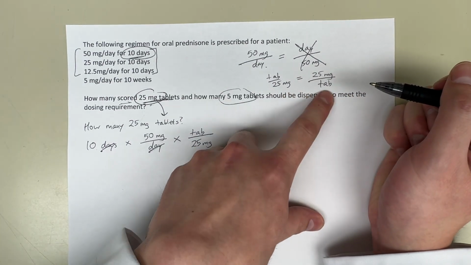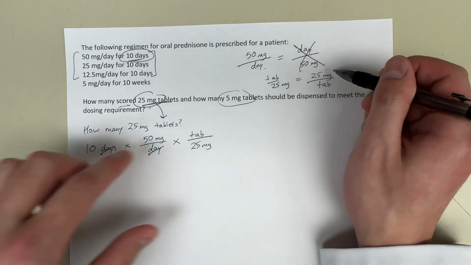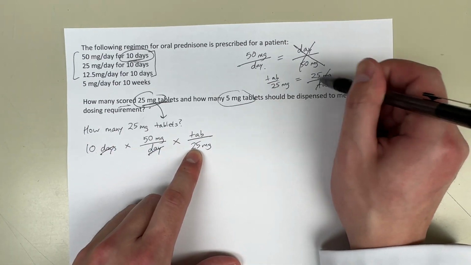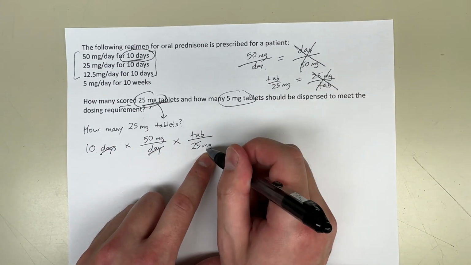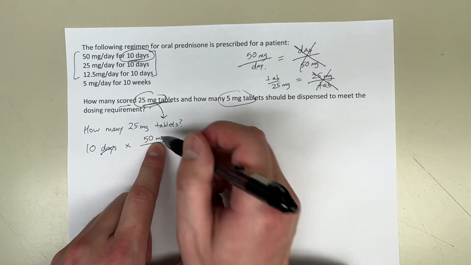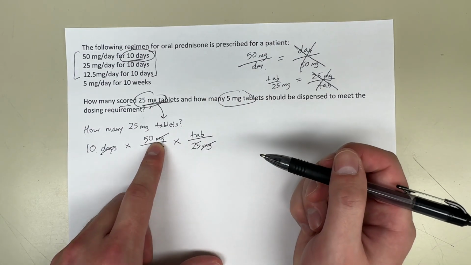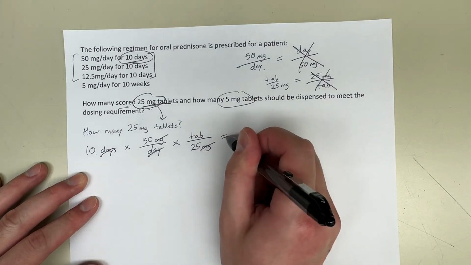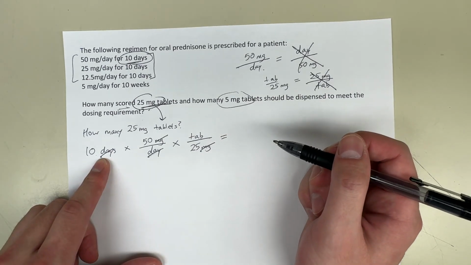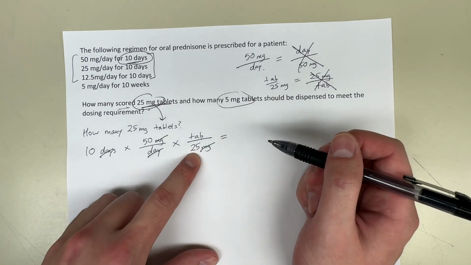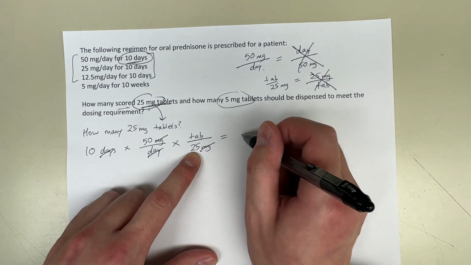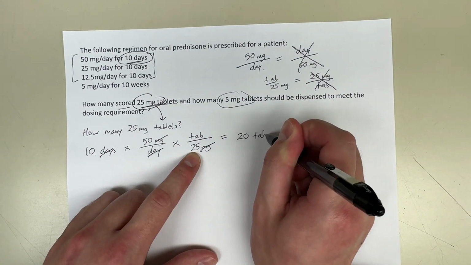These two mean the same thing. The reason I'm using this one is because I want milligrams in the denominator to cancel out milligrams in this numerator. So when I solve for that, 10 times 50 divided by 25, that equals 20 tablets.